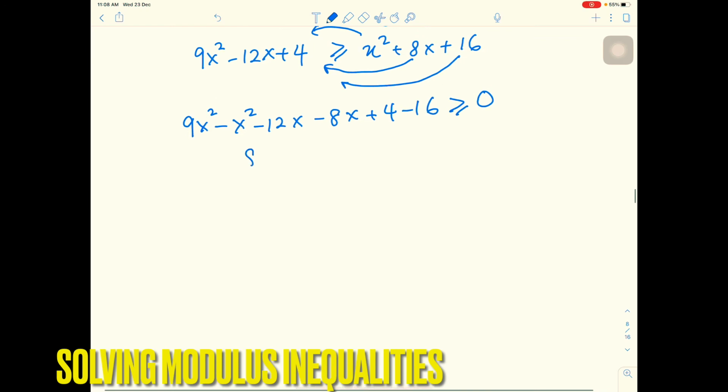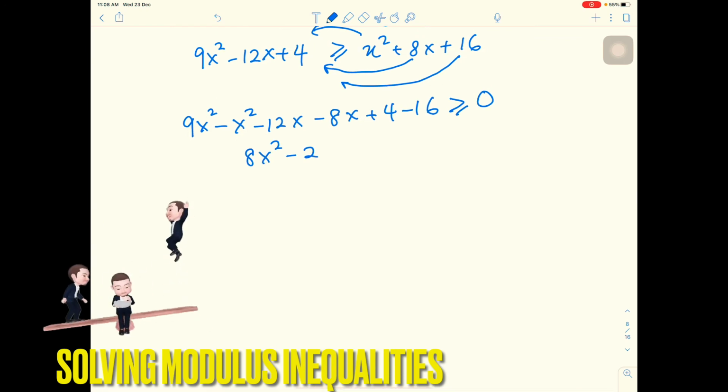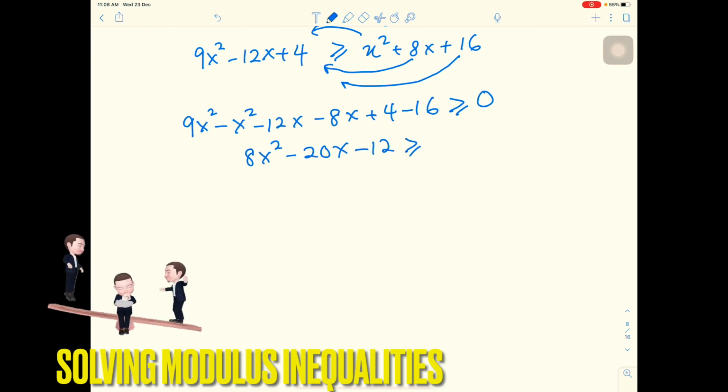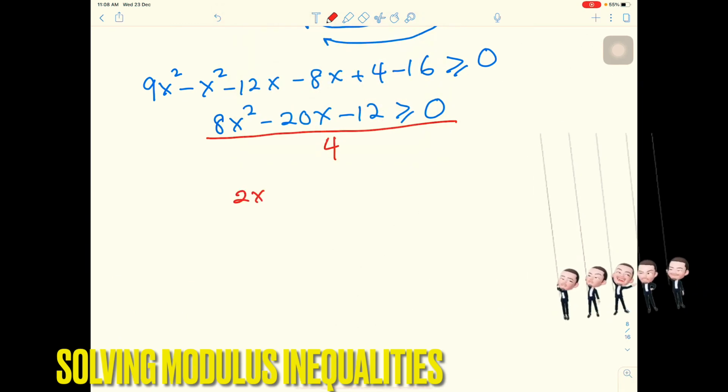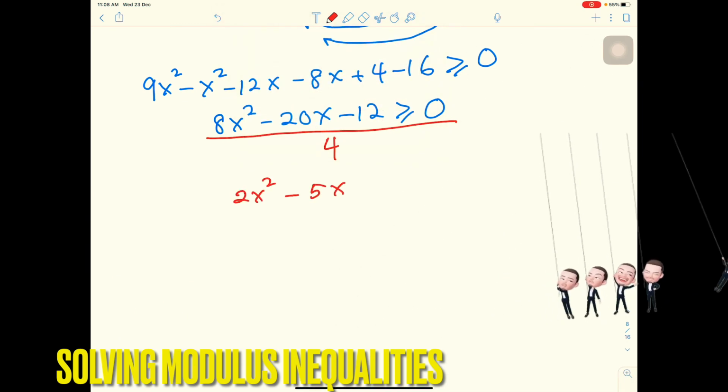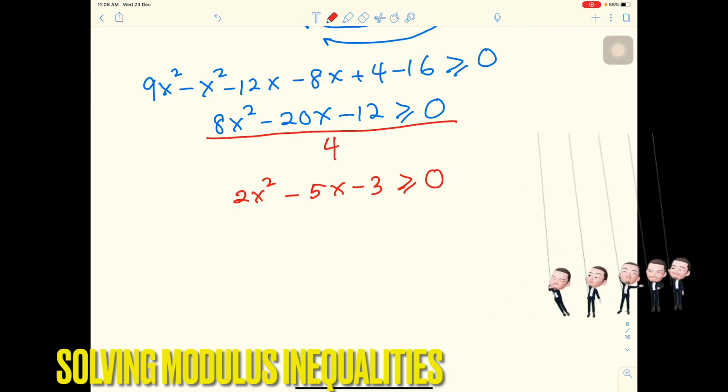And then we get 8x squared minus 20x minus 12 greater than or equal to 0, and then we can divide the whole inequality by 4. So we get 2x squared minus 5x minus 3 greater than or equal to 0.